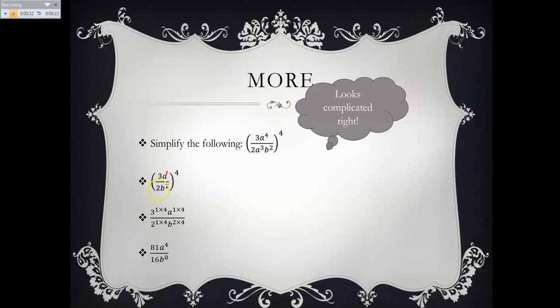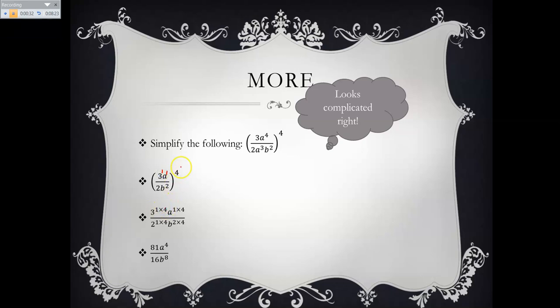So we're left now with 3a to the 1st power divided by 2b squared. Nothing is in the numerator to cancel with b in the denominator. Now that we have done that, we can go ahead, remove the bracket and do the multiplication that we are supposed to using the power of a power law. So remember, even though there's no number at the 3 visible, the power is 1.